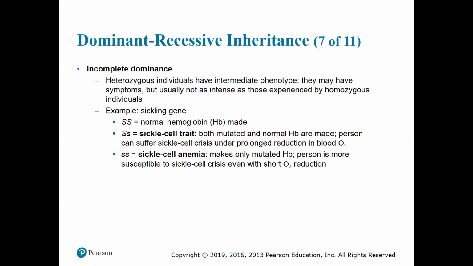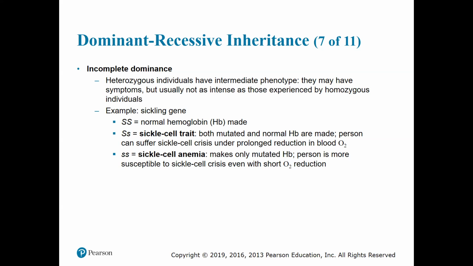There are things like incomplete dominance that exist. Sickle cell trait is where you see this the most. So sickle cell anemia or sickle cell trait is when you could see this come up on your test. Essentially, incomplete dominance is when heterozygous individuals, those that have a capital and a lowercase letter, a dominant and a recessive trait on their chromosomes, will have an intermediate phenotype.